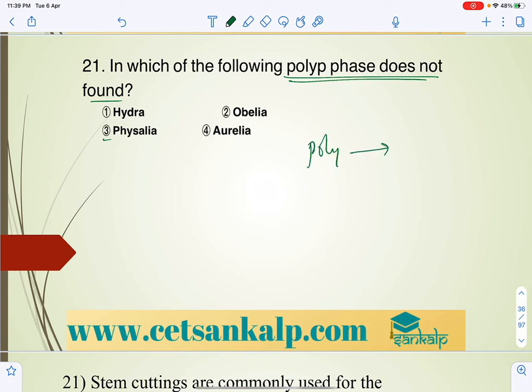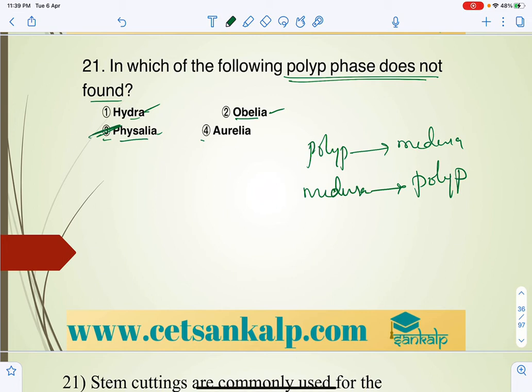Polyp generation gives rise to medusa asexually, and medusa gives rise to polyp sexually. Hydra is a polyp, Obelia includes both polyp and medusa, and Physalia includes only the medusa.